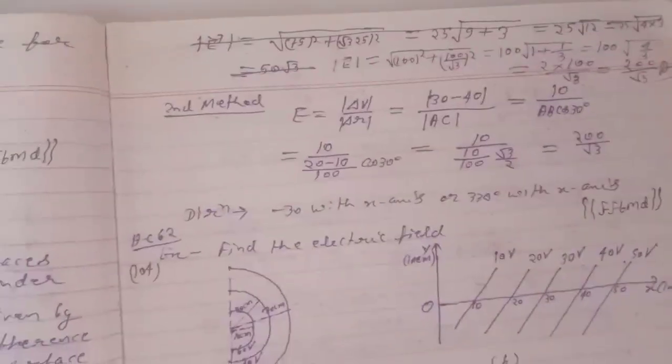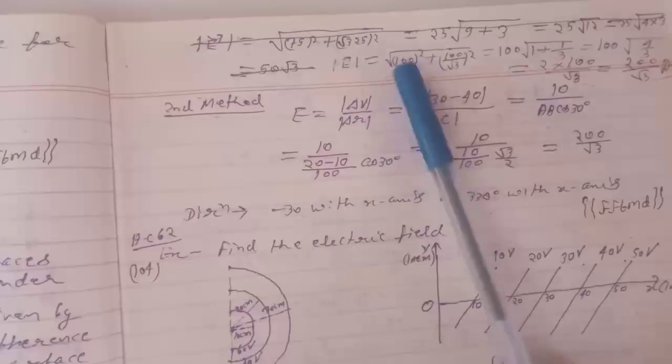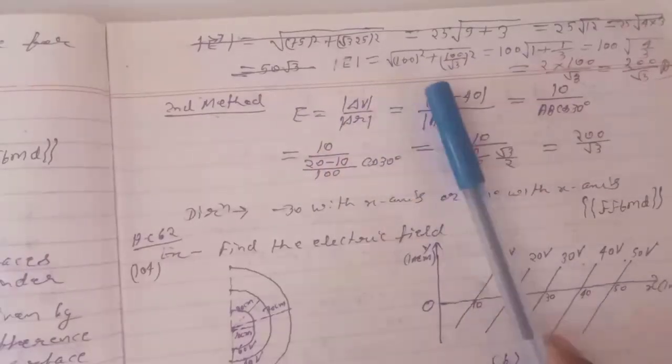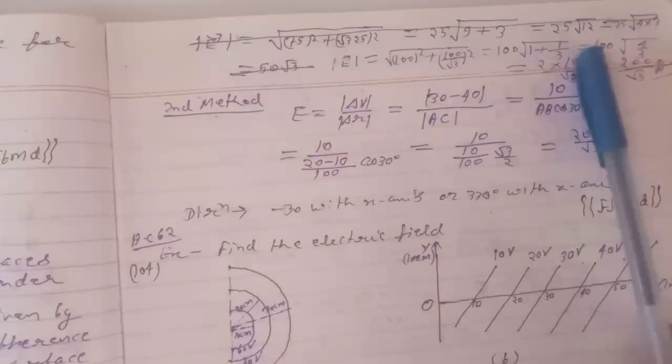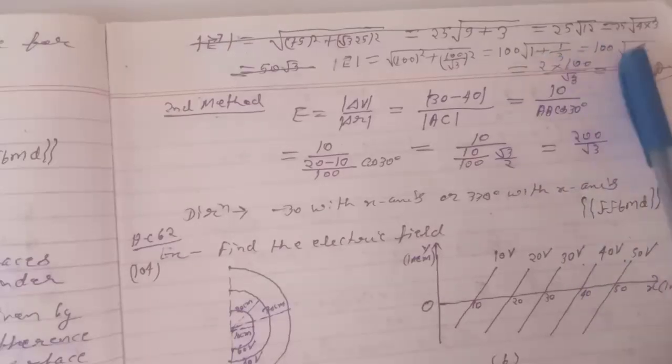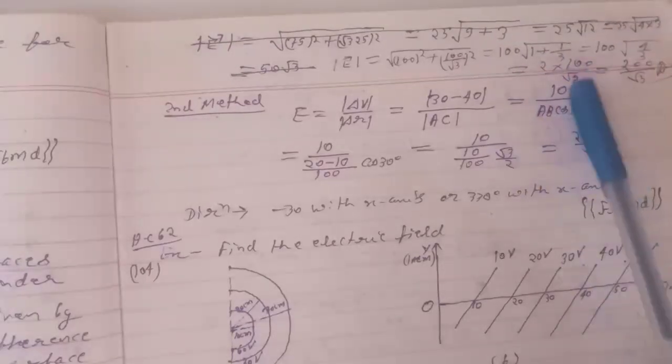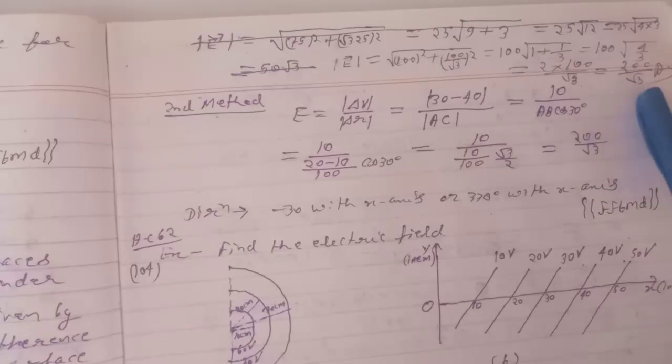The magnitude will be given as the mod of E vector equals under root 100 squared plus (100 by root 3) squared, which is 100 under root 1 plus 1 by 3, 100 under root 4 by 3, or 2 into 100 by root 3, or 200 by root 3. That is the answer.